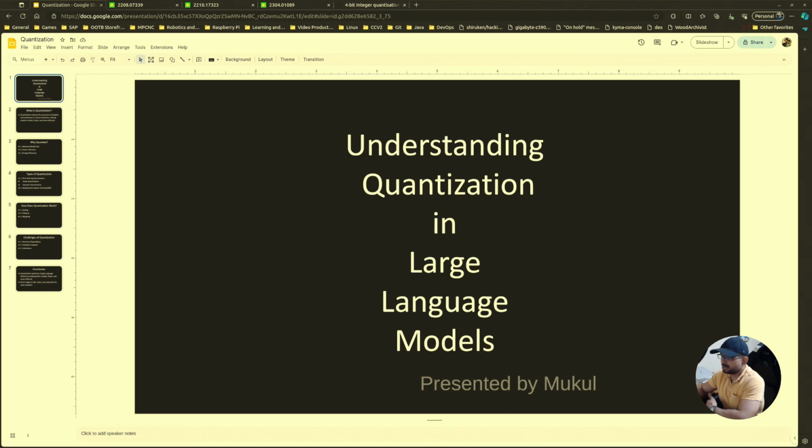Second, hardware needs. So not all computers or devices can handle these smaller models efficiently. So it's like needing the right kind of suitcase for your neatly packed clothes. In technical aspects, efficient quantization requires hardware that supports low precision arithmetic, right? The third is fine tuning.